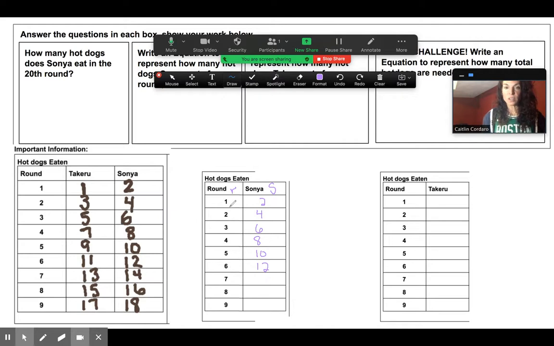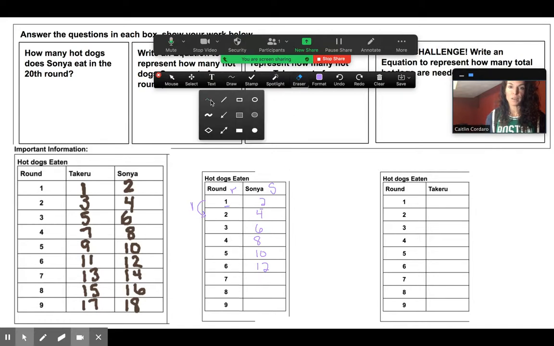And the relationship between the rounds and how many she ate, we could see that in a couple of different ways. One, the first thing we saw was that when the round changed by 1, the hot dogs changed by 2.